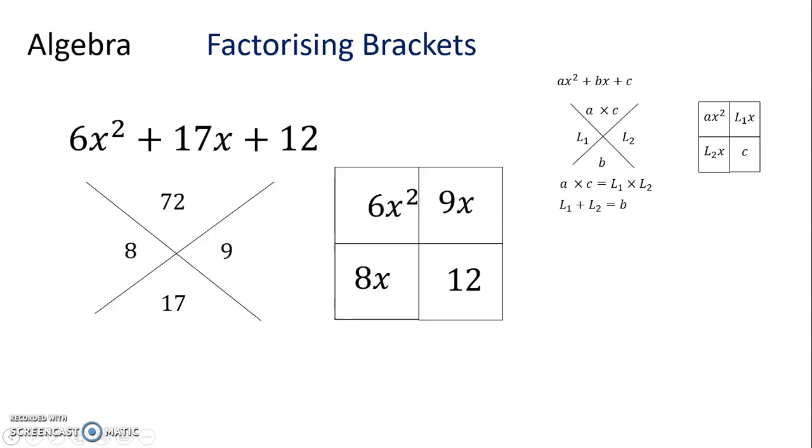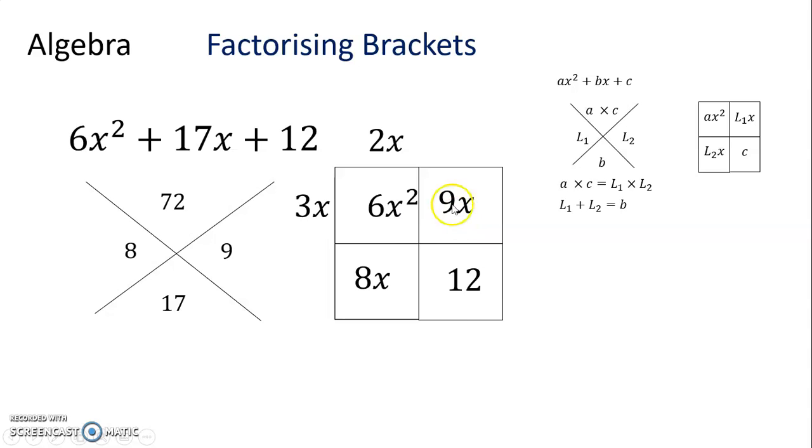So I have got the common factor of 6x squared and 8x, and the highest common factor of those two is 2x. Whereas if I look along this bit right here, what's the highest common factor of 6x squared and 9x? Well, that is 3x. And 2x times 3x does make 6x squared, so that all looks good so far.